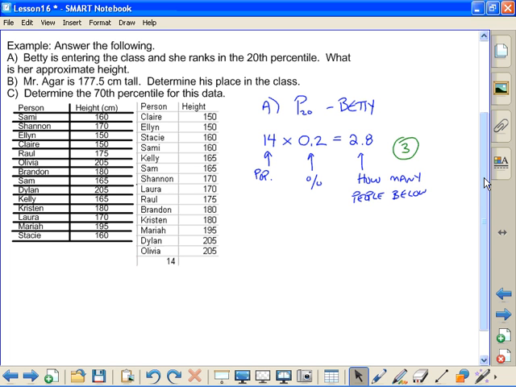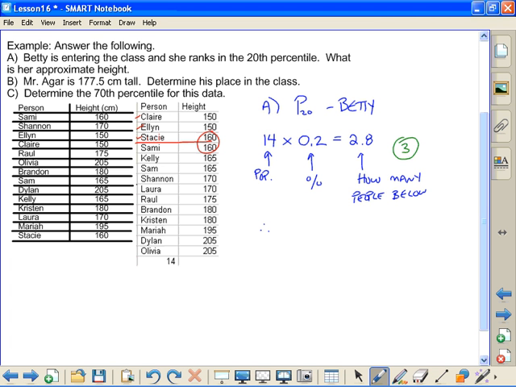So I'm going to look at 3 people off the chart in the order: Claire's 1, Ellen 2, Stacy 3. So that means that 3 people are below her when she enters this class. So we could approximate her height to be in this region here, about 160 centimeters tall.